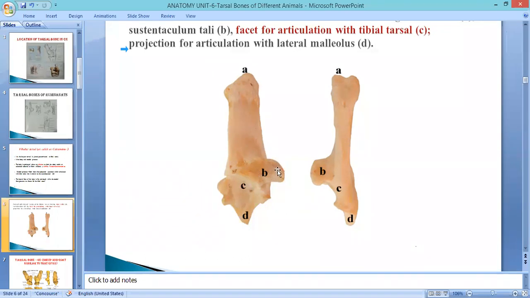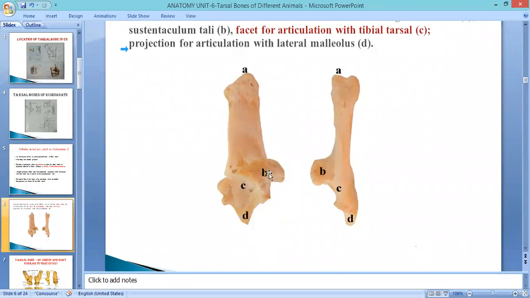Sustenta gives support, culum means pulley-like, and tali is the insertion of some part of the tendon of the gastrocnemius muscle. So here the gastrocnemius tendon, the Achilles tendon, is inserted, and some part also comes here.